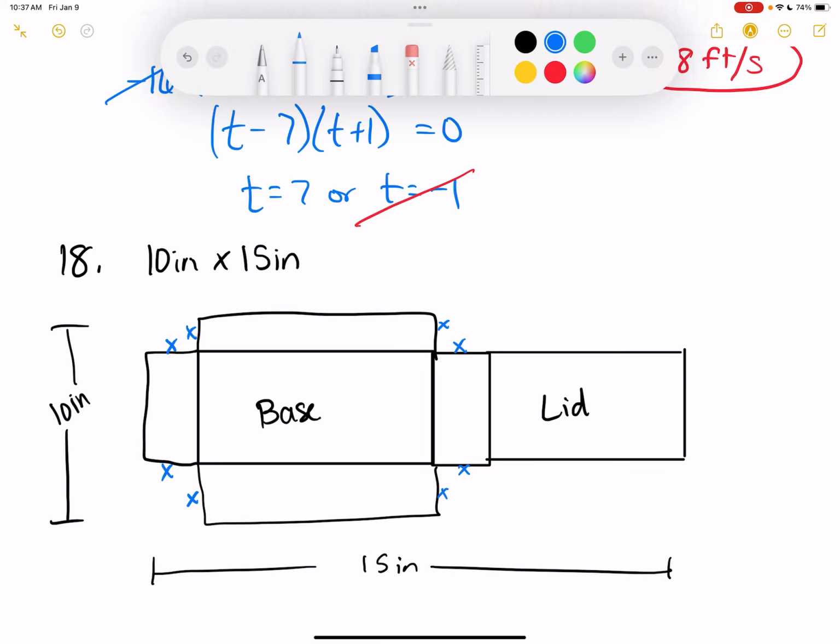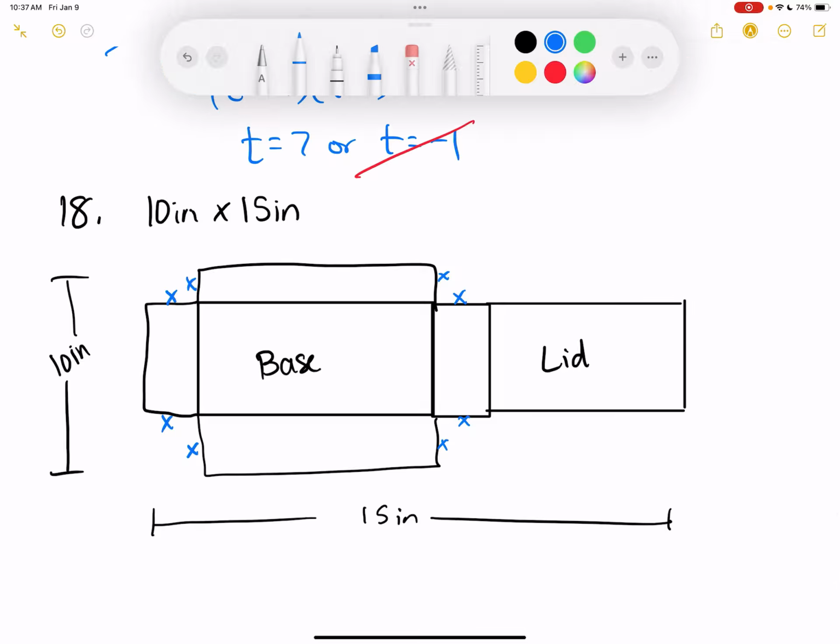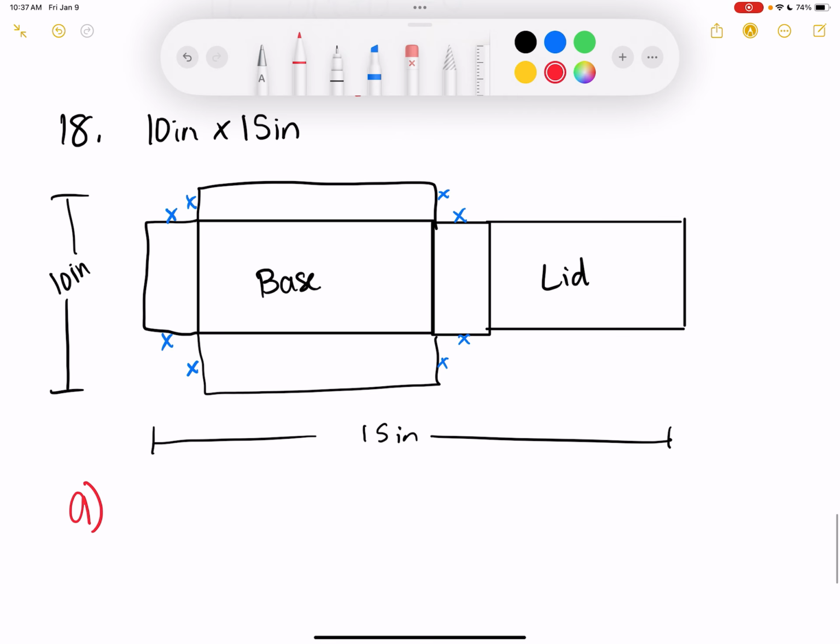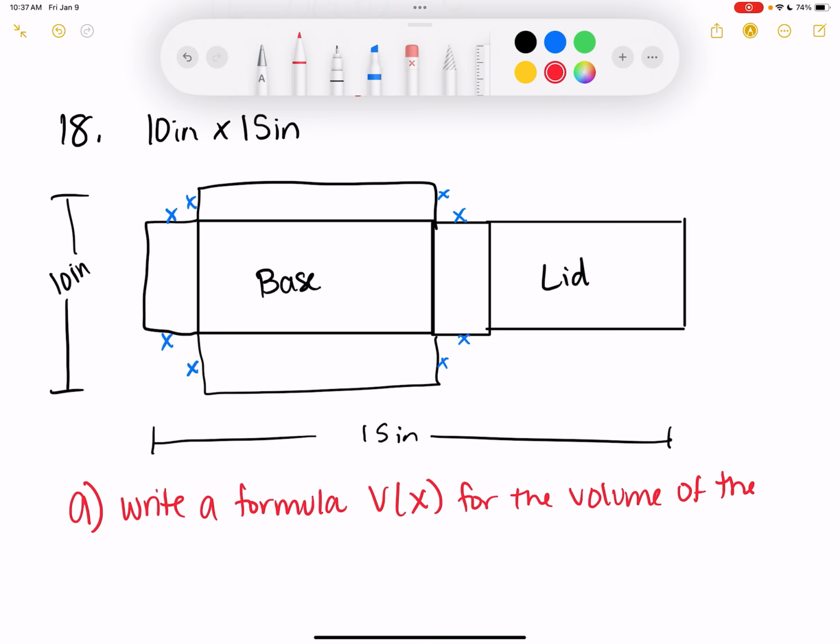So then part A, write a formula V of X for the volume of the box.